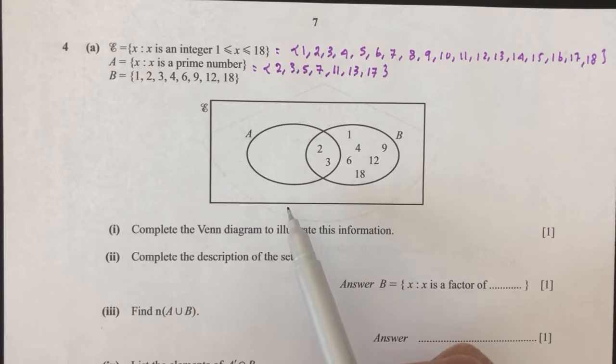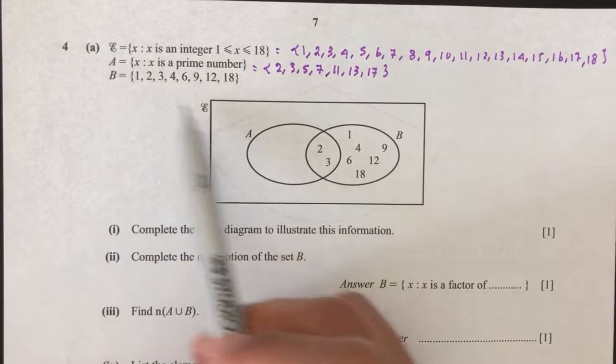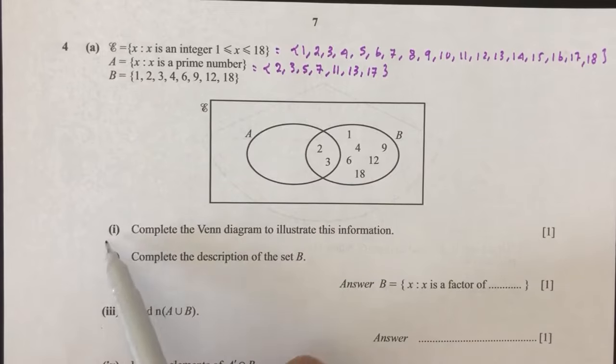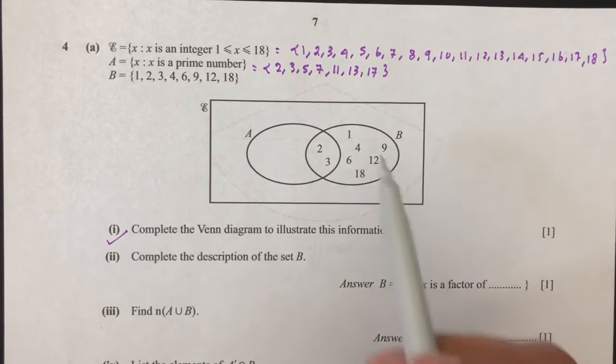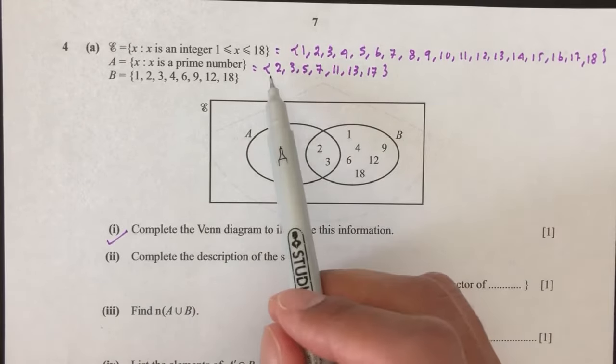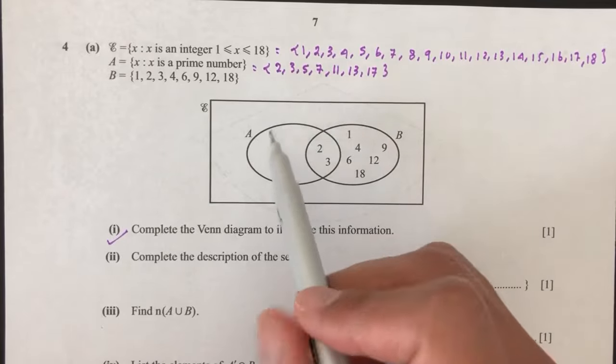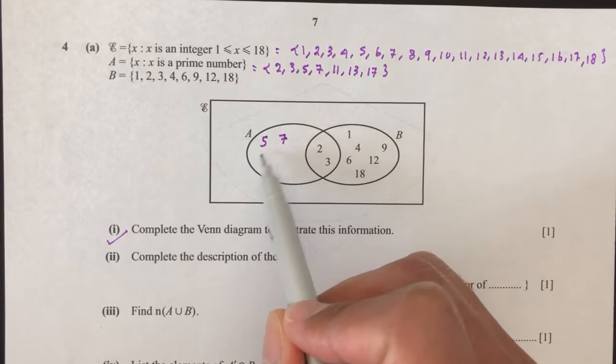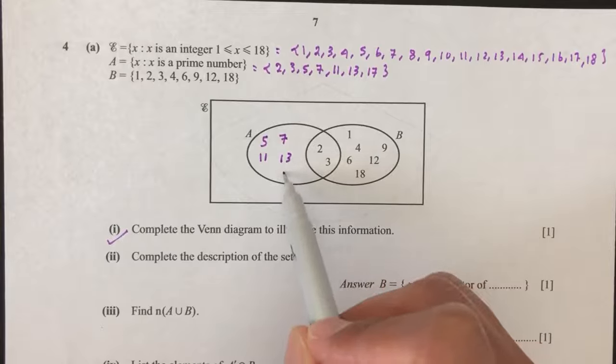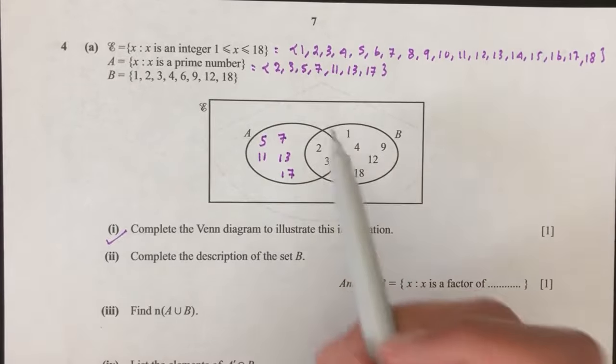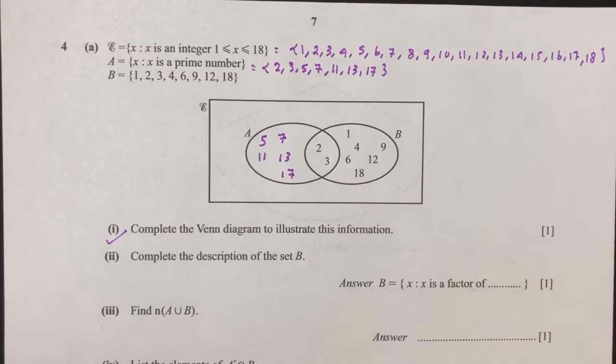Okay, so now we have to find this one. As you can see, part 1, complete the Venn diagram to illustrate the information. So we have remaining 5, 7, 11, 13, and 17. So what do we have outside? Let's have a look.